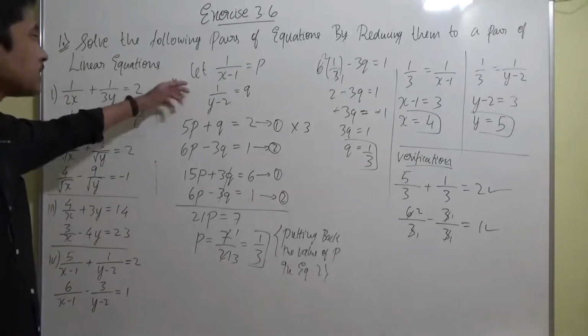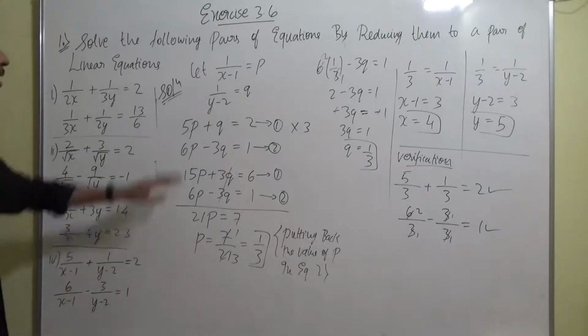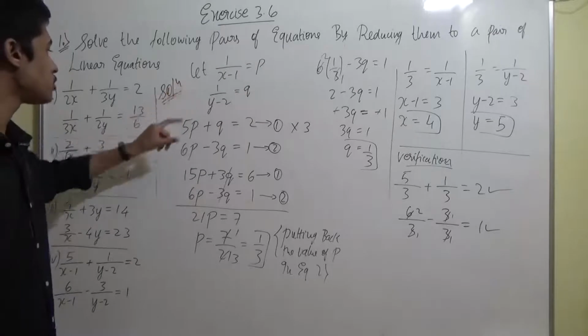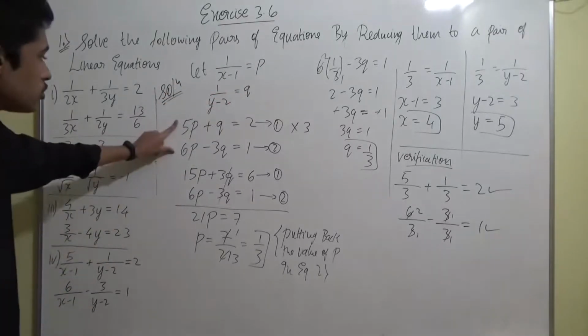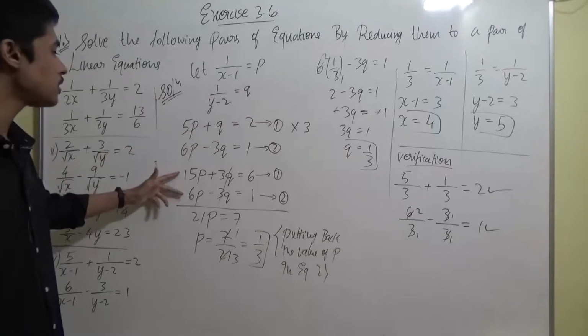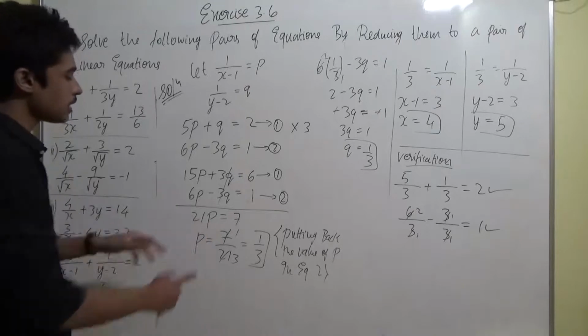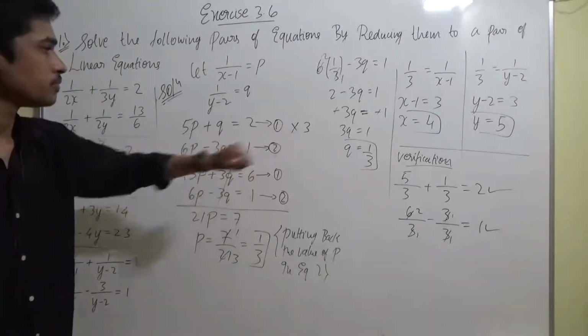That's it, guys. So 1 by x minus 1 was there and 1 by y minus 2 was there. We first assumed them to be equal to p and q respectively, and then we substituted the p and q values back into the main equations, and we got these two linear equations. Then we solved these two linear equations using the elimination method, and found the value of p first, and then we plugged the value of p back into equation 2 and found the value of q, correct?